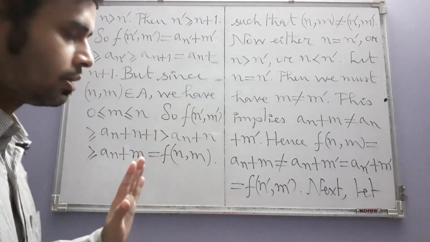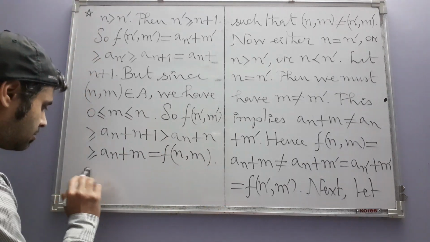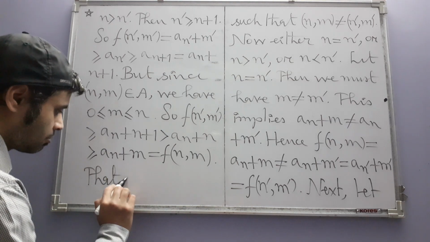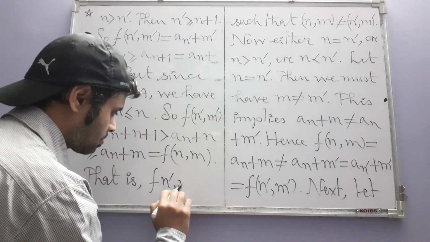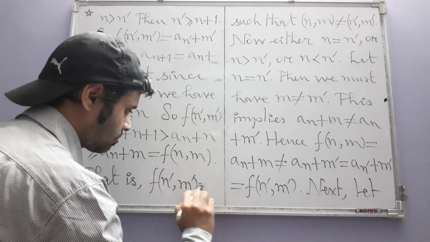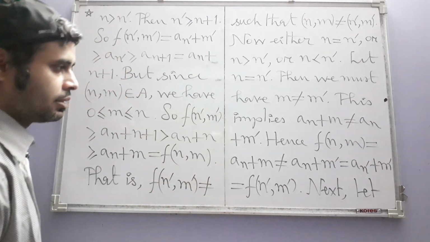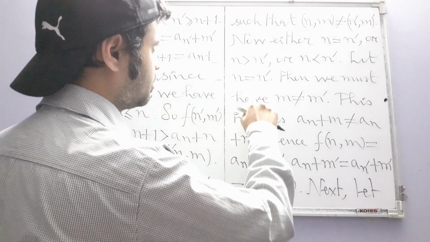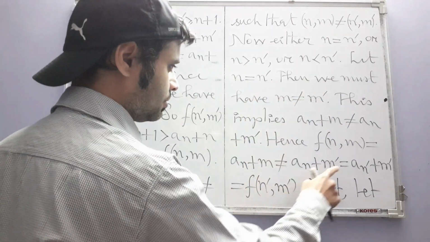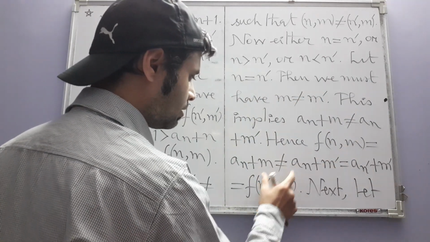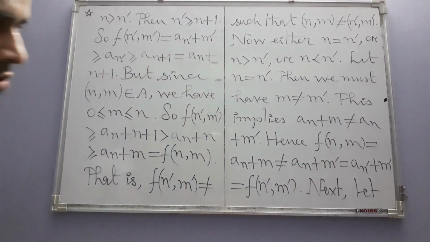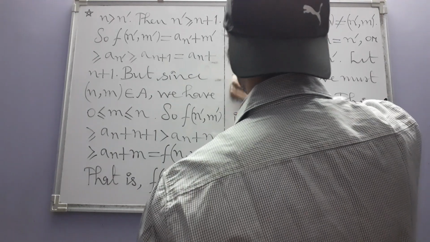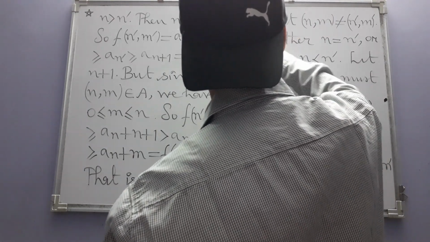That means they are not equal. Again we are getting the same conclusion as in the previous case, that these two things are not equal. So distinct inputs have created distinct outputs.